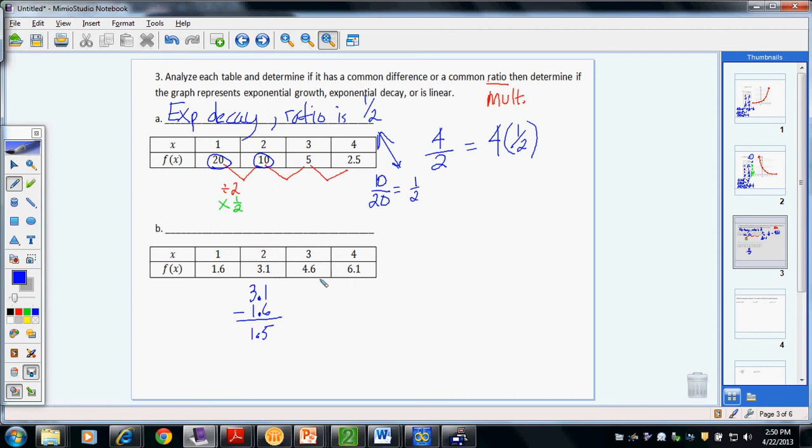Let's try it here. If I take 6.1 minus 4.6, I in fact get 1.5 here. So this has a common difference of 1.5, and it is linear. Okay, it's a linear function.